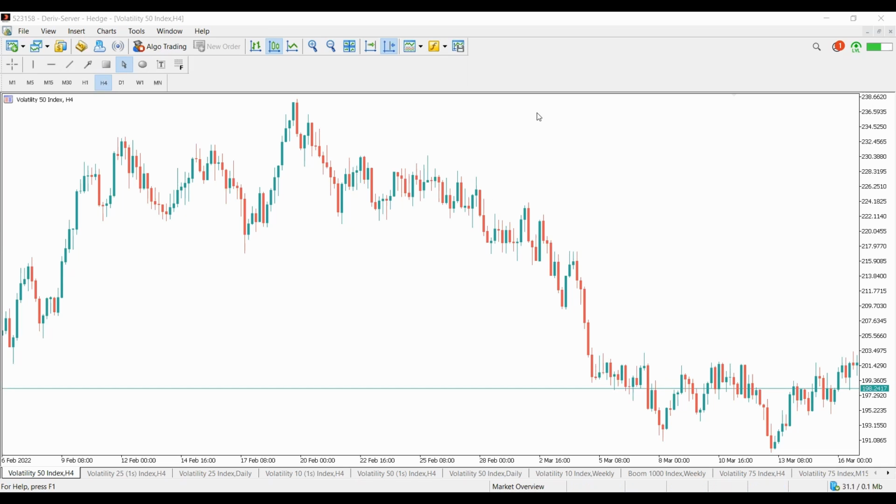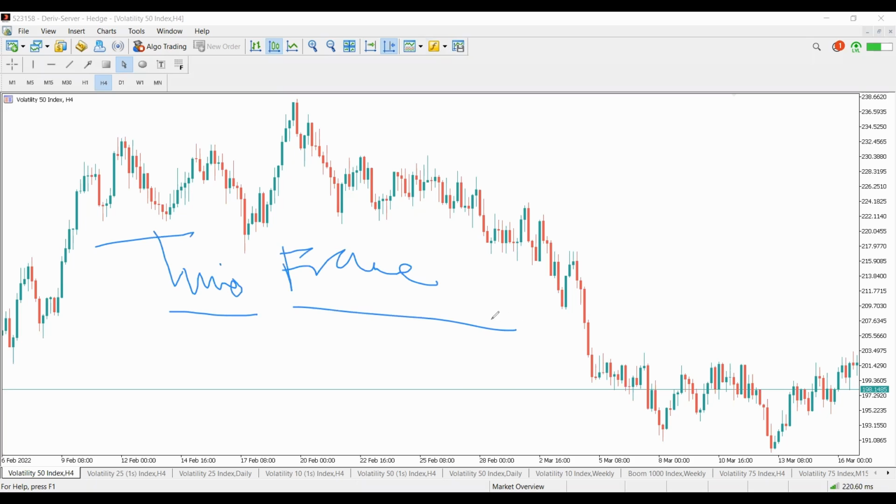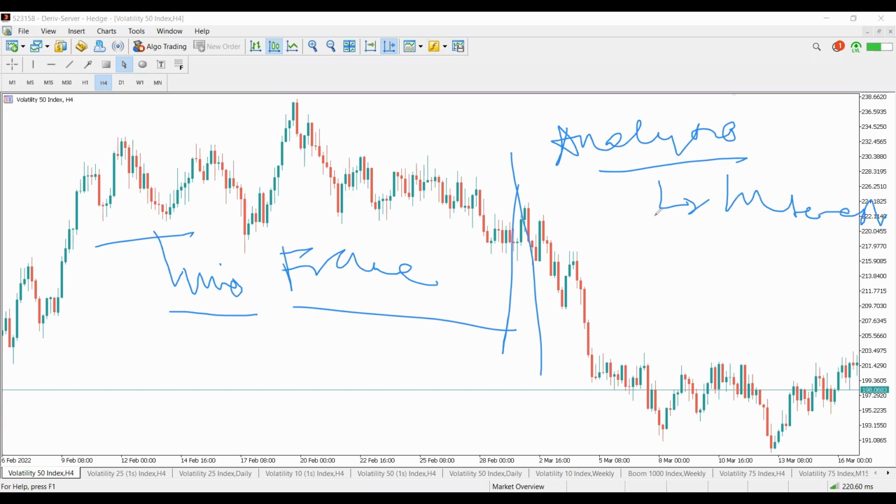So let's go into checking out the head and shoulders that we have seen. Before we go any further, I'd like to let you know that time frame is also important for you to get the use of the head and shoulders. What you get in the head and shoulders in the analysis time frame is for getting an area of interest, and the one you get in your entry time frame is for an area of entry.